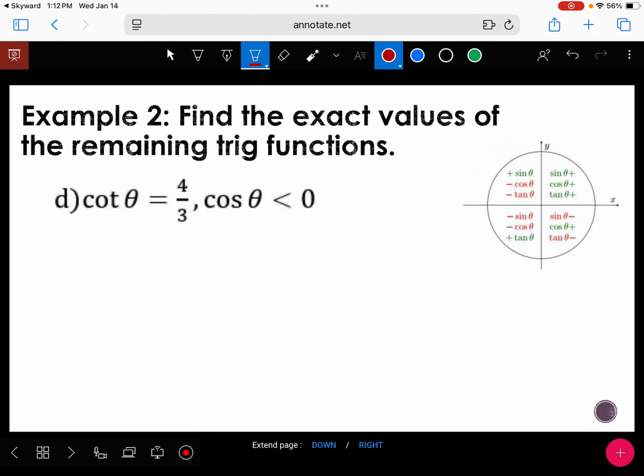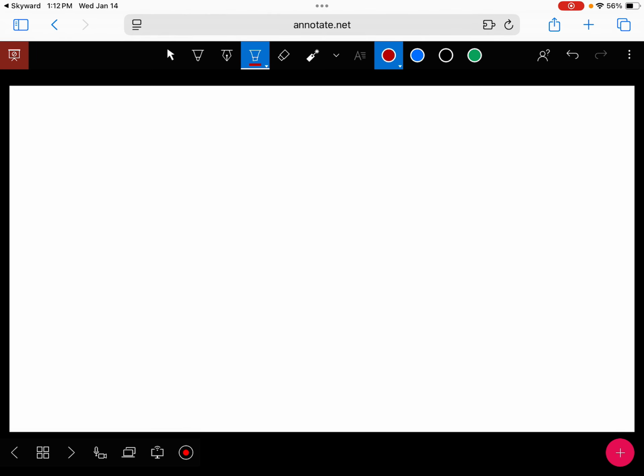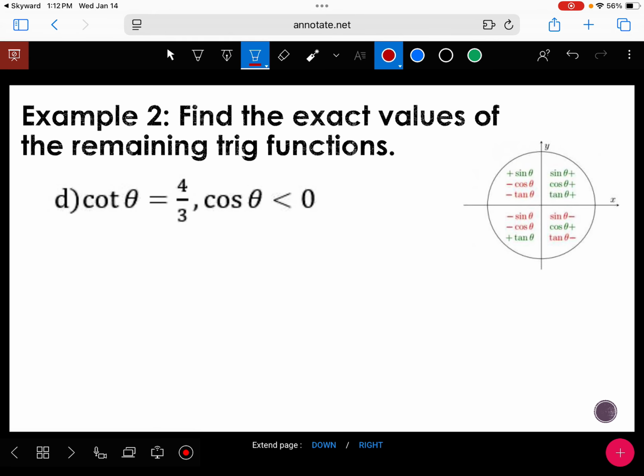Wait a minute, is this the one? Yeah. All right, go ahead and copy this one down, still under example 2.